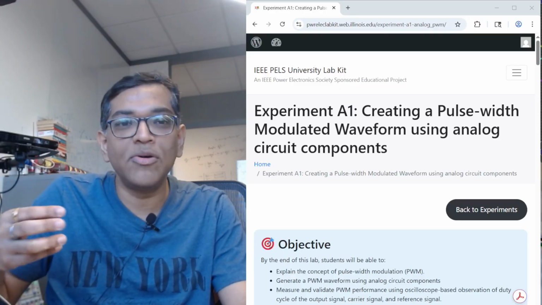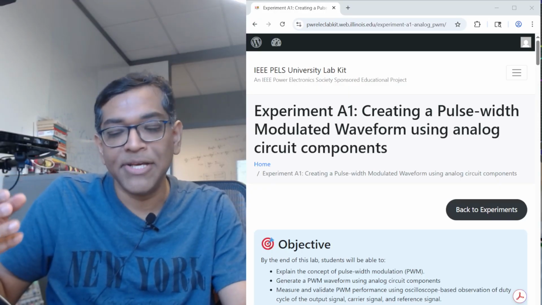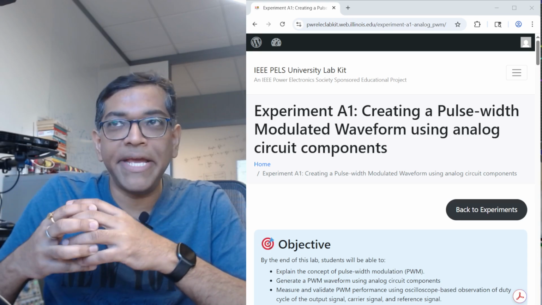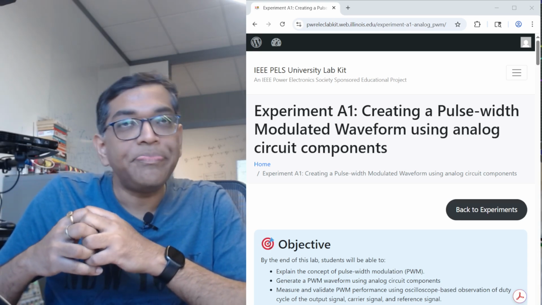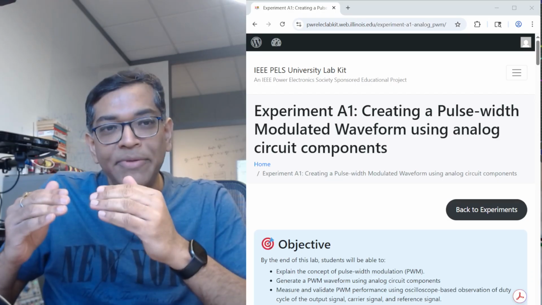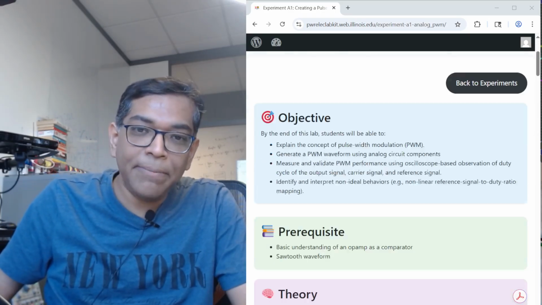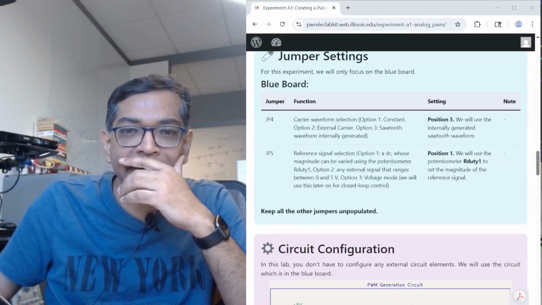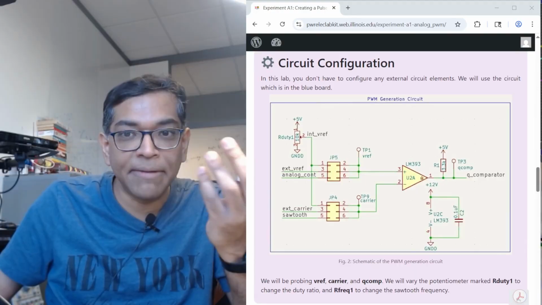So this is one of those familiarization experiments on the kit to understand some components of how we create a PWM waveform. What we will need for a PWM waveform is a comparator, which is the basic building block of this PWM.